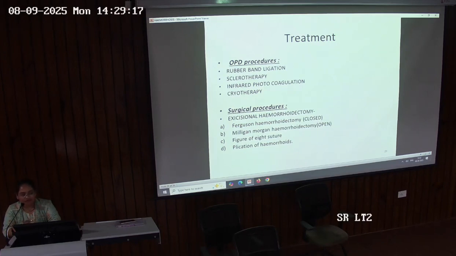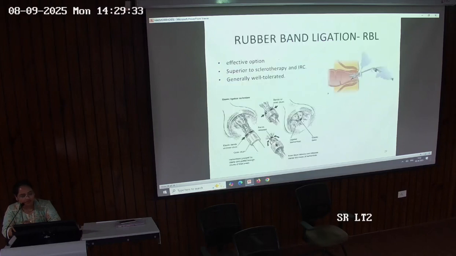Cryotherapy is done at an excessively cold temperature. What are the other surgical procedures which we use normally? That is Ferguson hemorrhoidectomy, which is a closed method, Milligan-Morgan hemorrhoidectomy, that is open method, and figure of 8 suture and plication of hemorrhoids. This is the rubber band ligation.